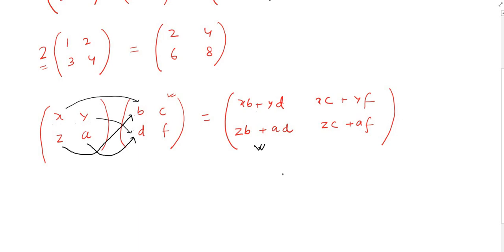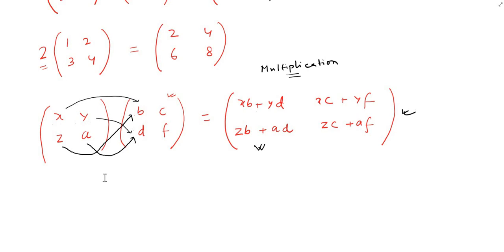Clear up to this? So this is the matrix multiplication. Here it's a 2 by 2. It can be anything. So this is the multiplication. And it is very important to understand this concept. A lot of the time we use this thing.